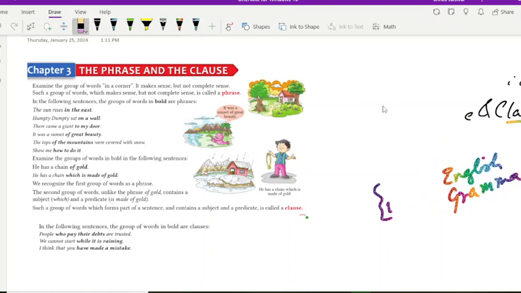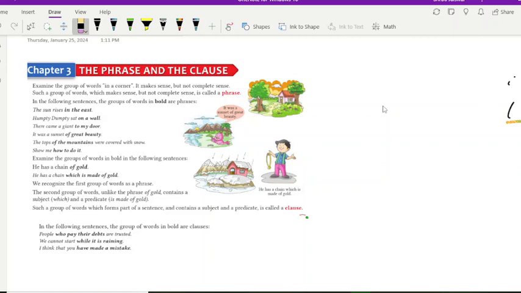What we were discussing about was phrases, right? In phrases, you have some word groups like in the corner, or to the east, or in back, or to forward. Some word groups like that do not make any proper sense. They are not making any complete sense.